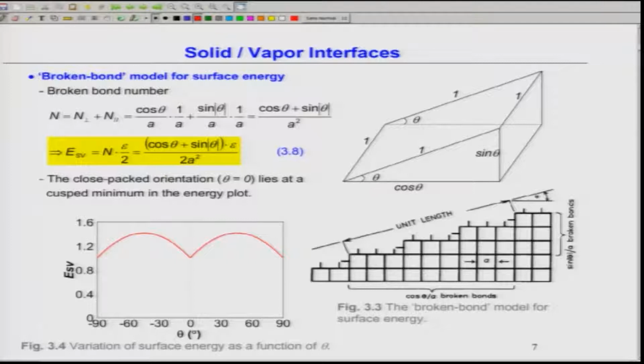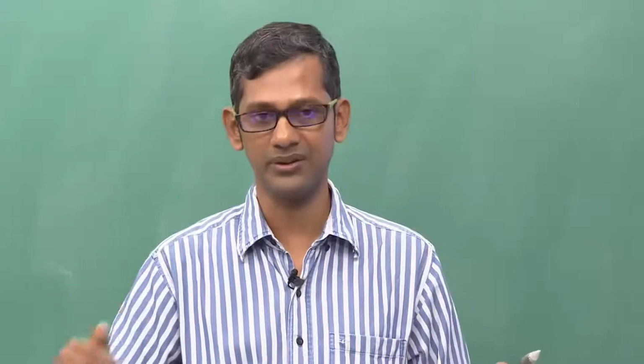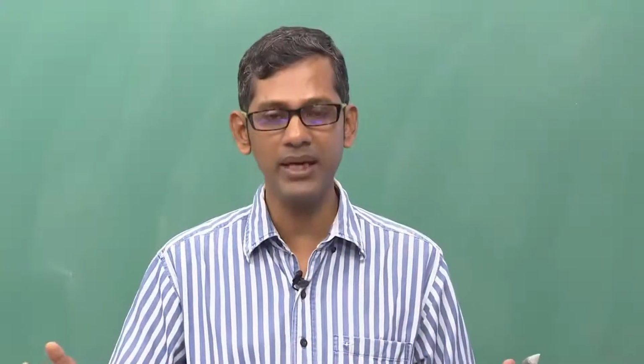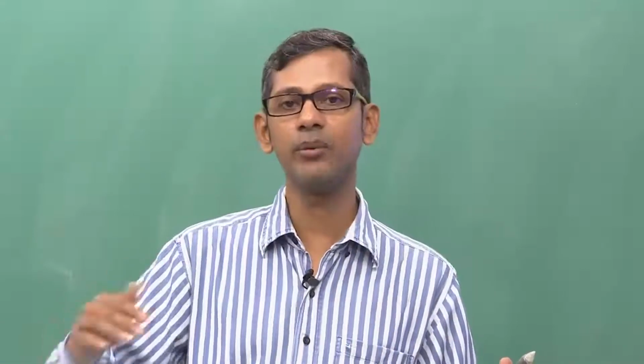What you see here is basically a step surface, it is no longer a flat surface. Because you have different kinds of planes sitting on the surface, somewhere it is a 111 plane, somewhere it is a 110 plane, somewhere a different kind of plane.